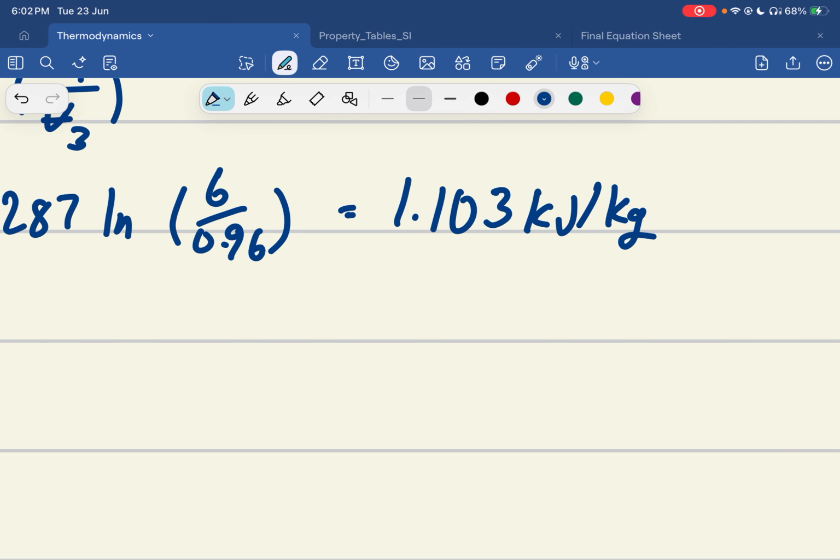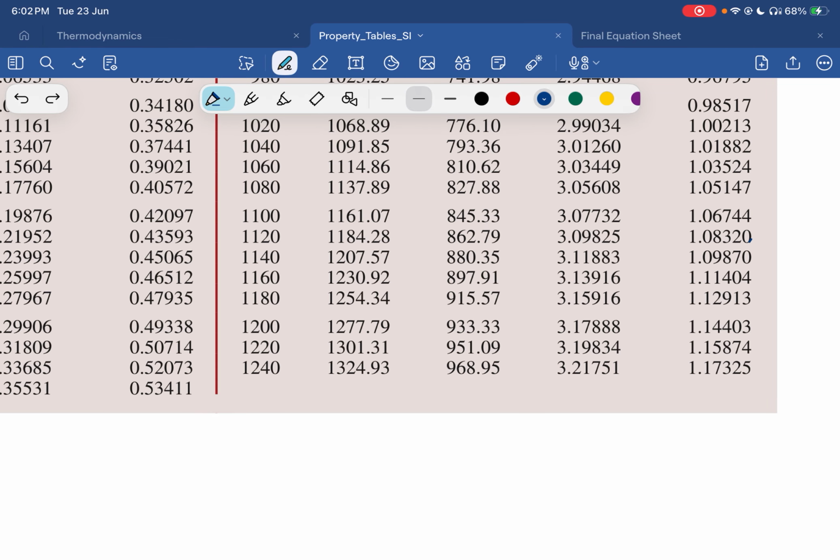That would give you 1.103, which is between these two values.